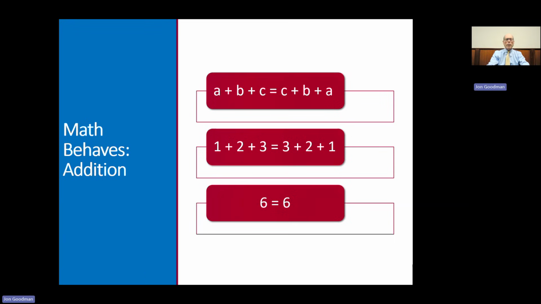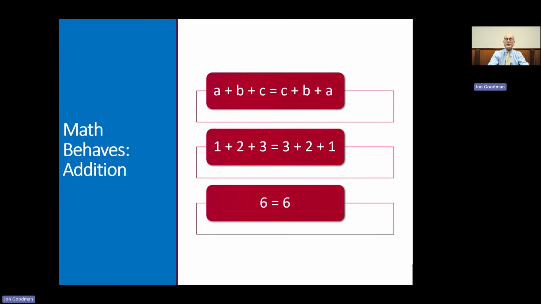So some parts of math don't tend to lead to miscommunication. Math behaves with addition. A plus B plus C equals C plus B plus A. And if you don't like thinking about A plus B plus C, well, let's just use real numbers. 1 plus 2 plus 3 equals 3 plus 2 plus 1.